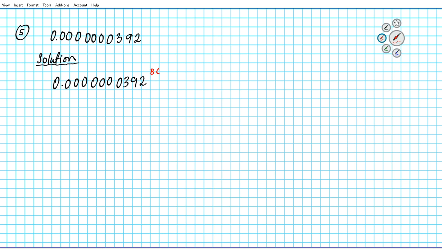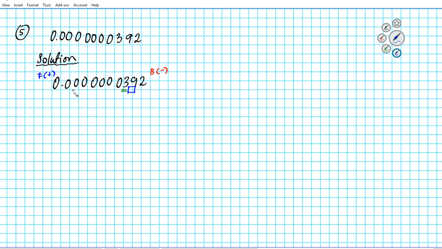This is the back of the number, which indicates negative movement. This is the front, which is positive. So we need to move our decimal point from this position to the right of the first digit. The first digit is 3. So we need our decimal point right here, right behind 3.